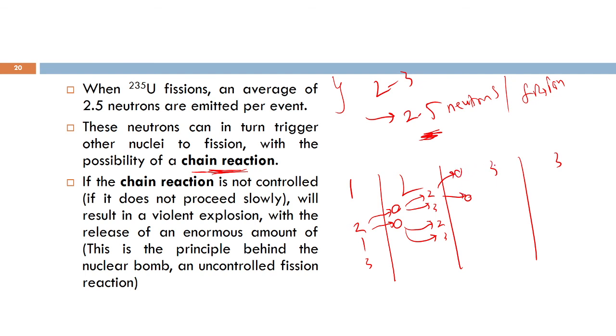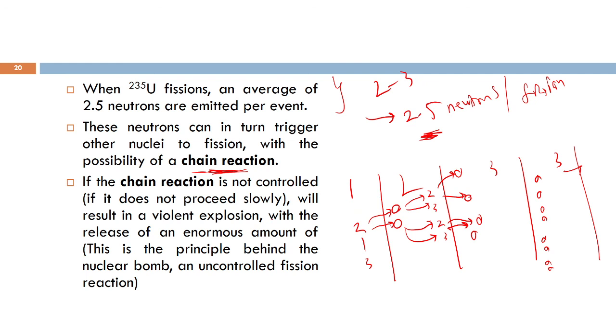That gives you 4 for the third stage. So from 2 you gain 4, and then from 4 you will gain 8 neutrons.